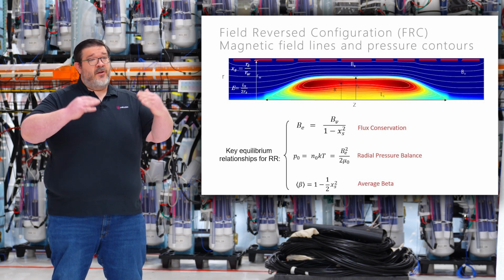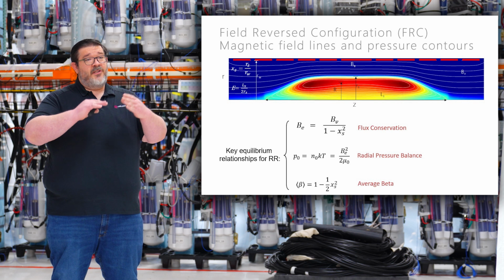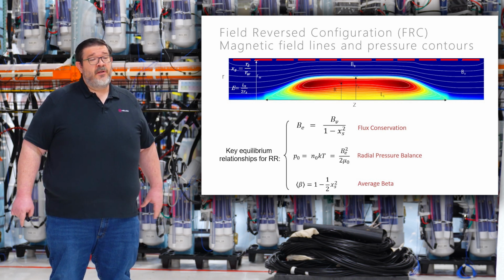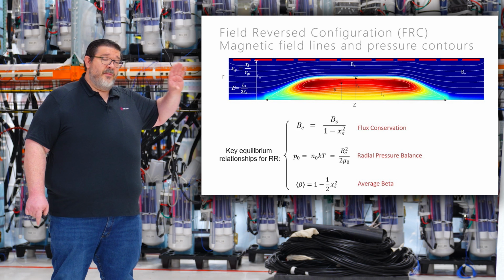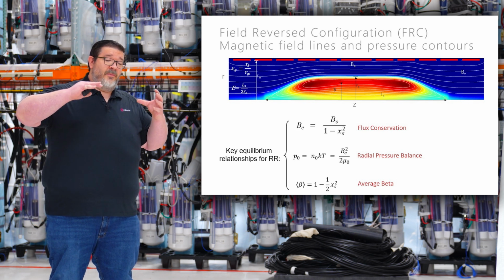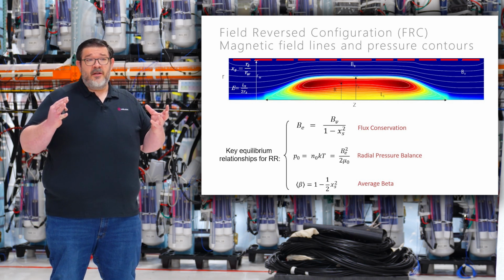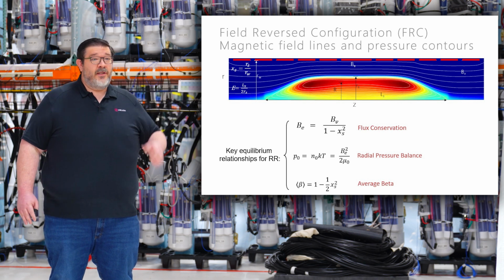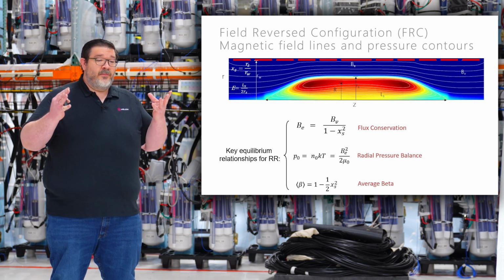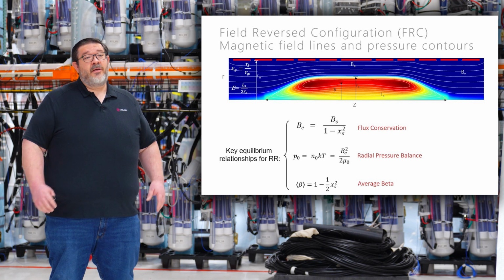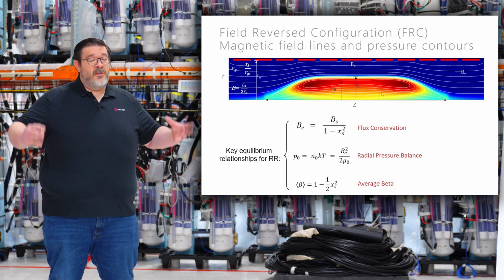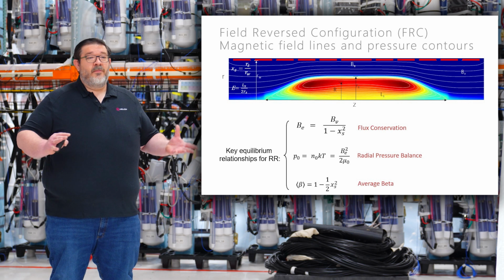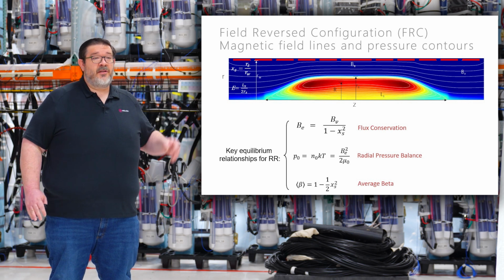Just outside of that, there's a separatrix, an envelope around the outside of the FRC that gives us the position where there's a separation between the closed magnetic field lines and the open magnetic field lines around the outside of it. They are under a pressure balance inside of the compression chamber, so they are a natural equilibrium that's kinetically stabilized.